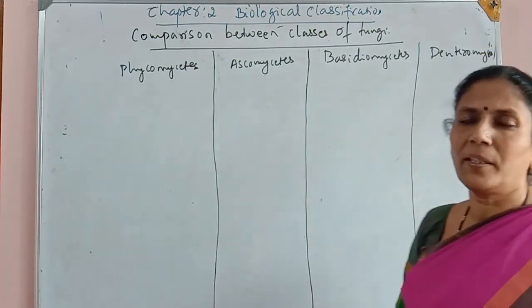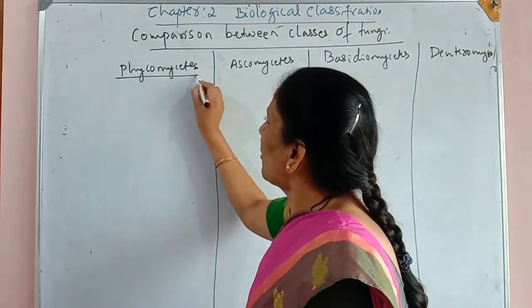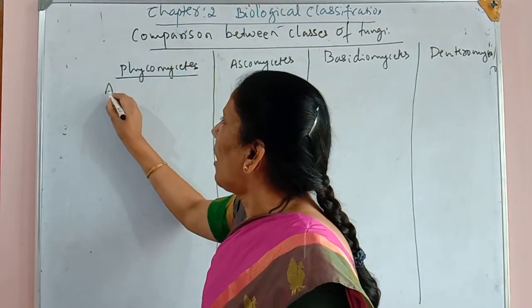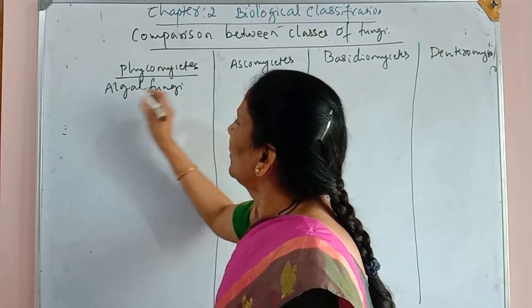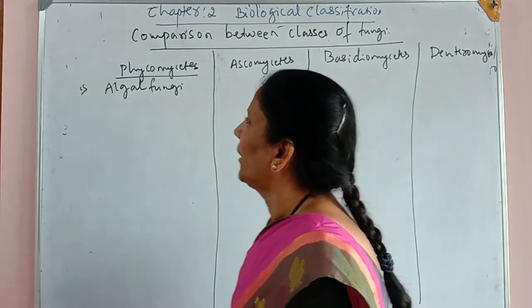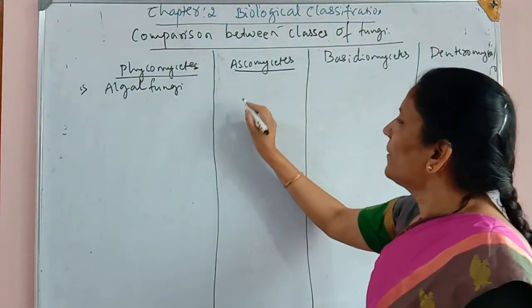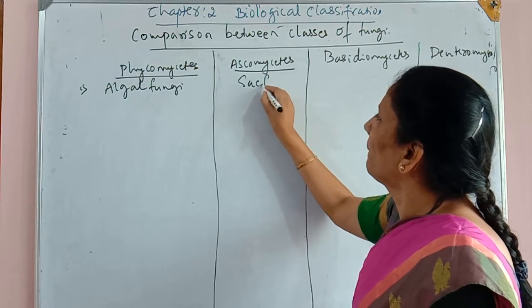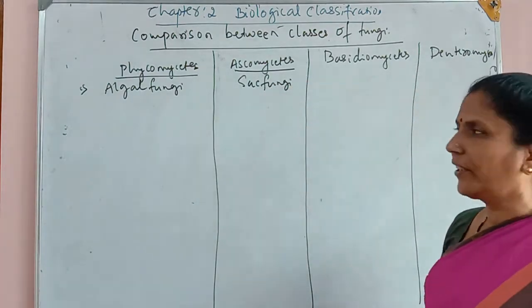First of all, we will start with their common names. As we know, Phycomycetes are commonly called the algal fungi. Ascomycetes are called the sac fungi.